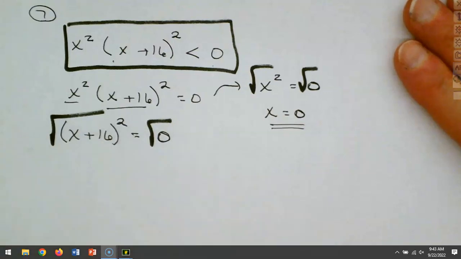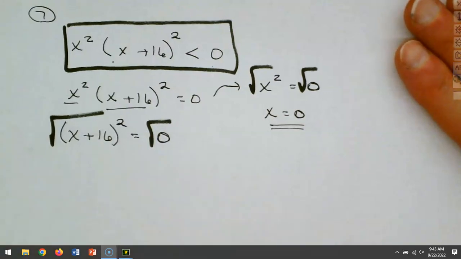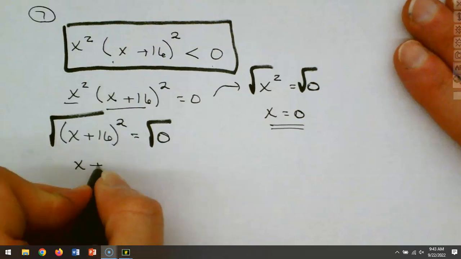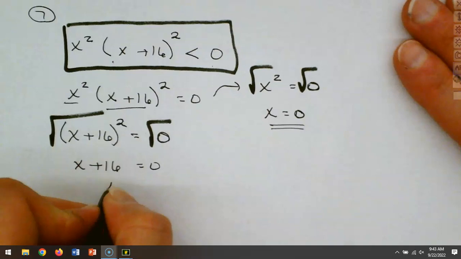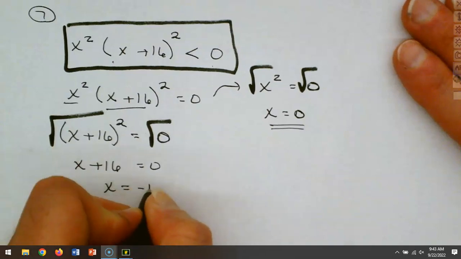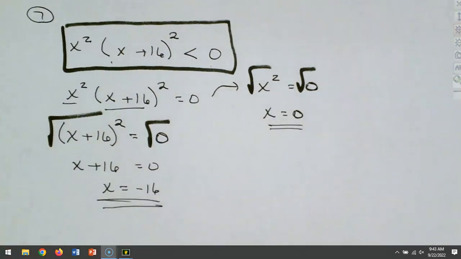You could put the plus or minus, but 0 doesn't even have a sign. So that gives you x plus 16 equals 0. So my other one is negative 16, right? So those are the two numbers I'm going to check. These are called critical points. These are the numbers that are going to go on the number line and make the regions.